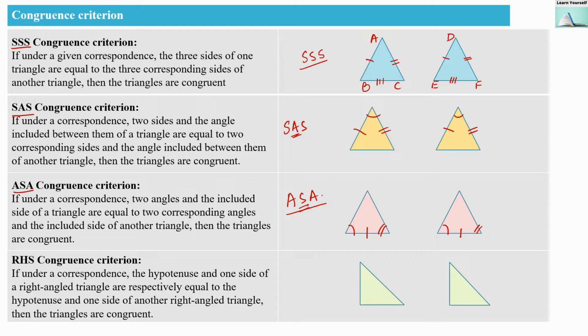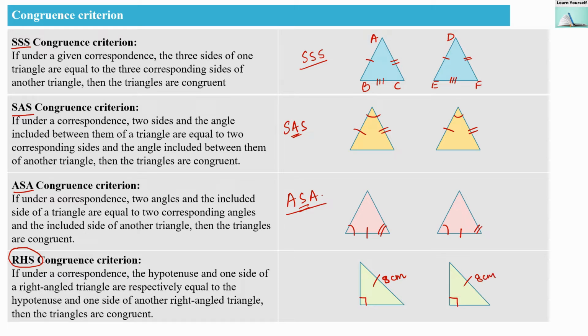The last one is the right angle, hypotenuse and one side congruence criteria. Definitely both triangles should be right-angled. After that, the hypotenuse measure is equal. If this is 8 centimeter, then this hypotenuse length also should be 8 centimeter.